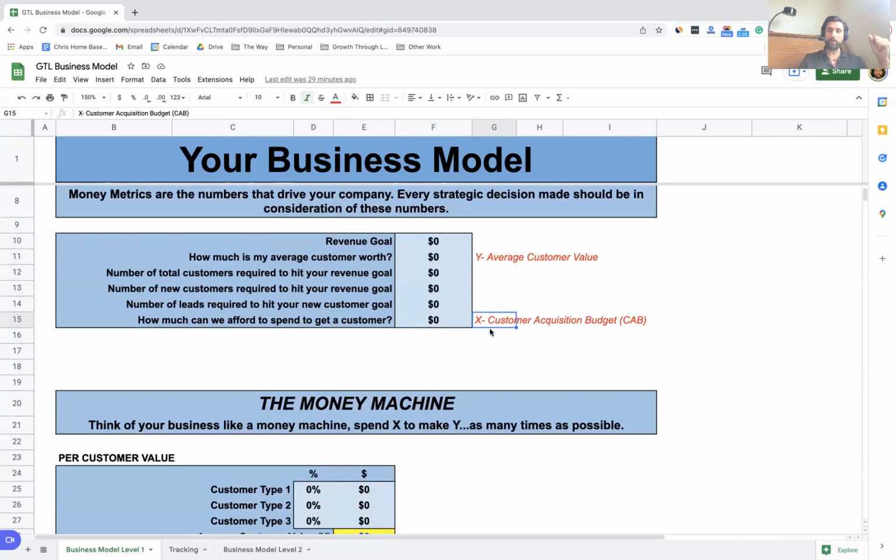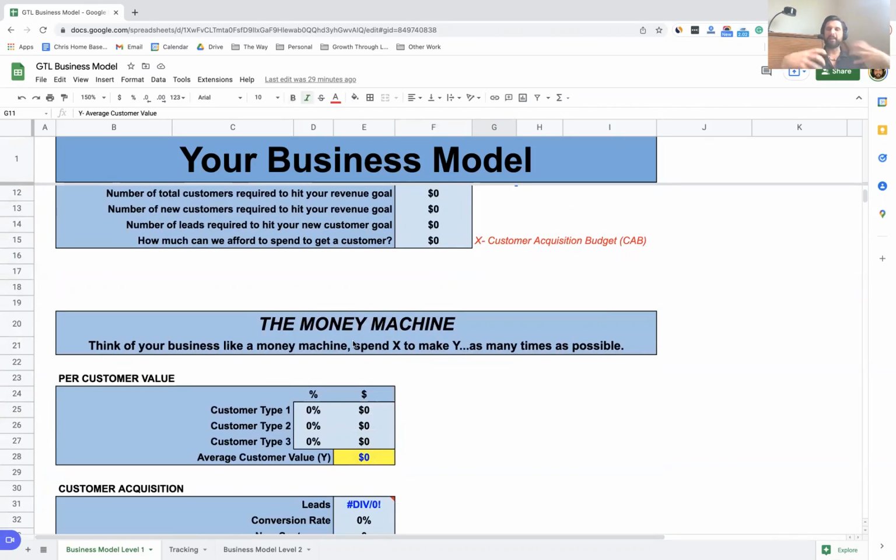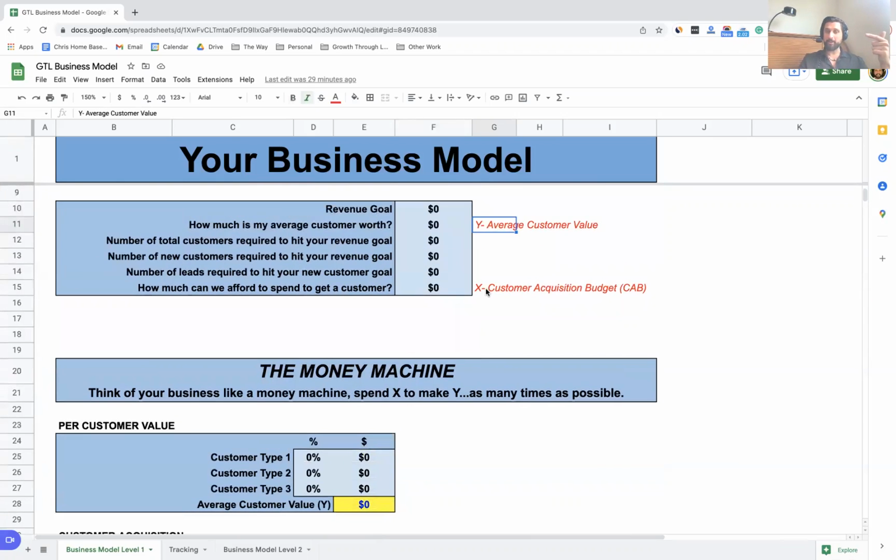Okay, so you notice here it says X and Y. That applies to the business model. We kind of think of it like a money machine. I know that sounds a little corny, but it really is. The money machine works like this: you are going to spend X, customer acquisition budget, to make Y, your average customer value, as many times as humanly possible.